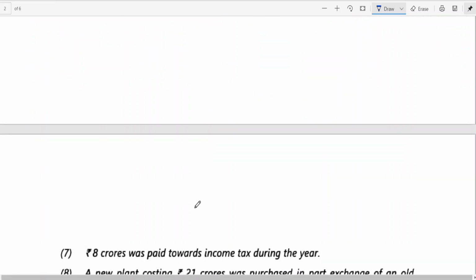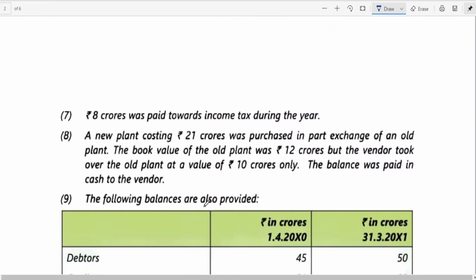Is this clear? Then 8 crores was paid towards income tax during the year. I think you will be deducting this after cash generated from operations. Either by direct method or indirect method, you will be getting cash generated from operating activities. Is this clear?